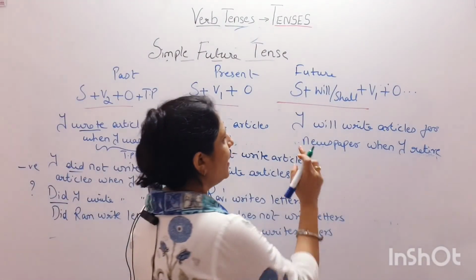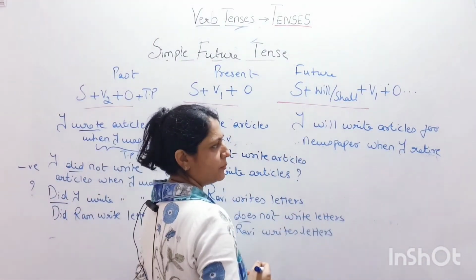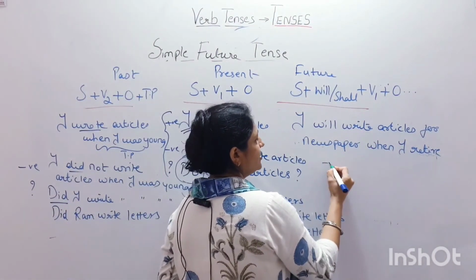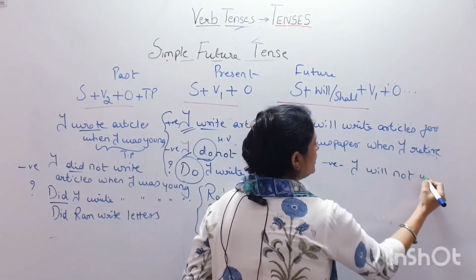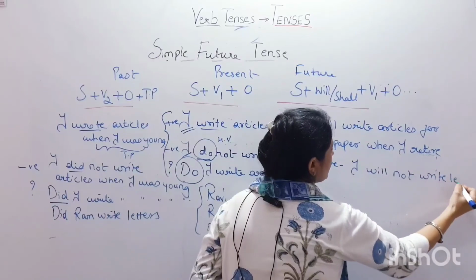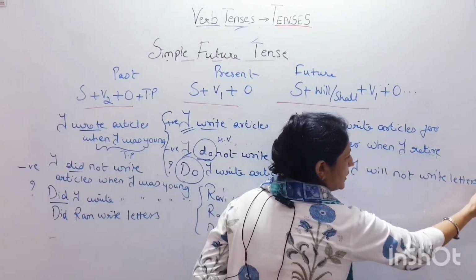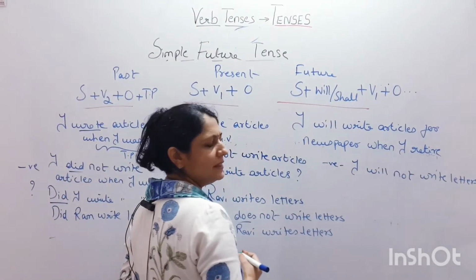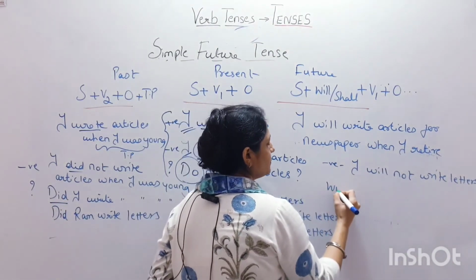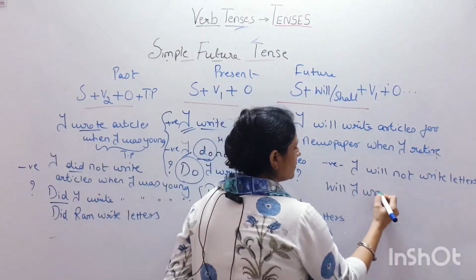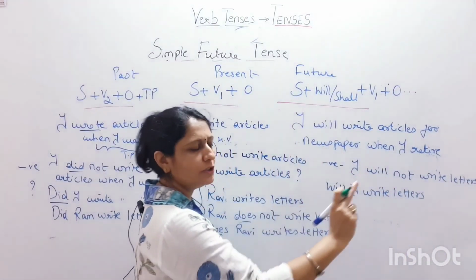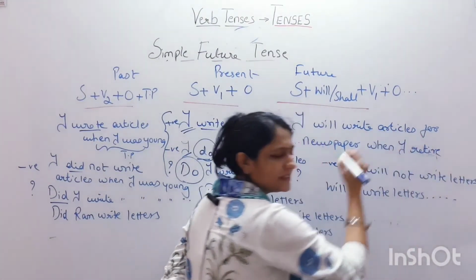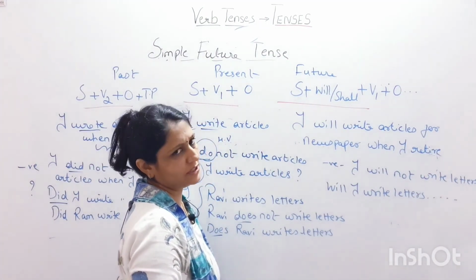And let's change it into future tense. I will write article for newspaper when I retire. Now the negative will become I will not write letters, whatever I want to say further, and the interrogative will become will I write letters for the newspaper when I get time after retirement.